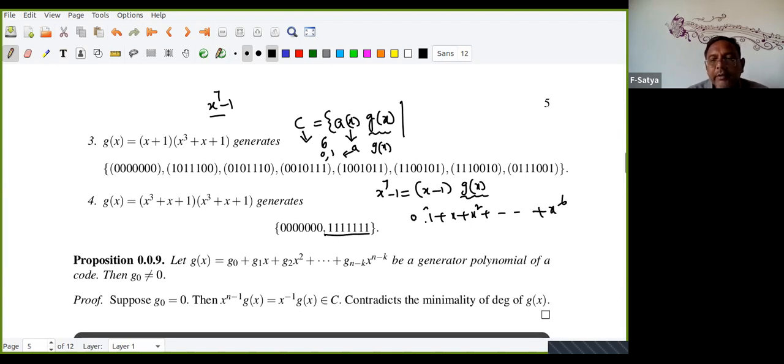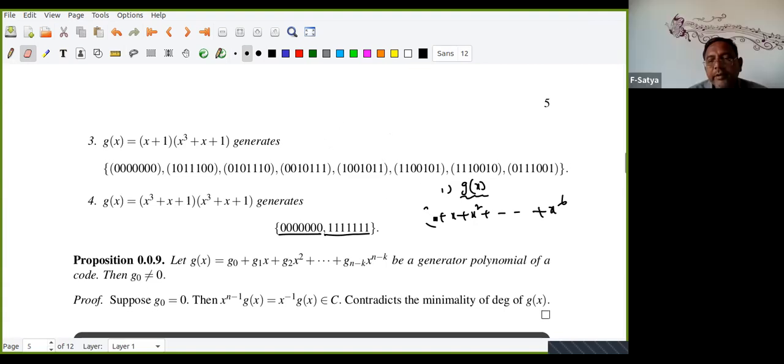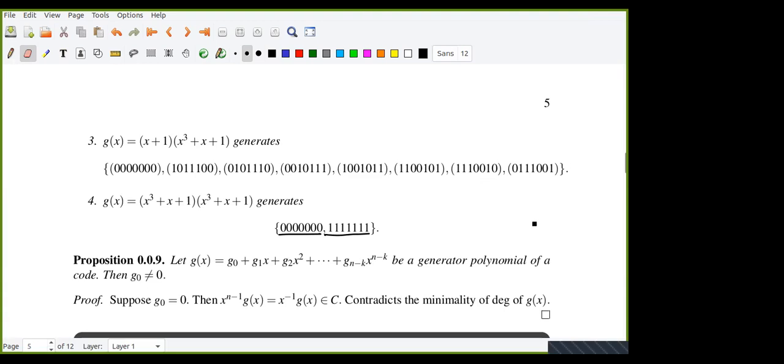And if I multiply with 0, then I'll get this. Is it okay now? Anyone has any doubts? Anyhow, we discussed it last class.